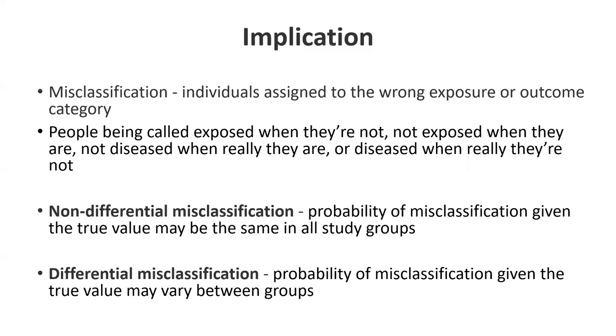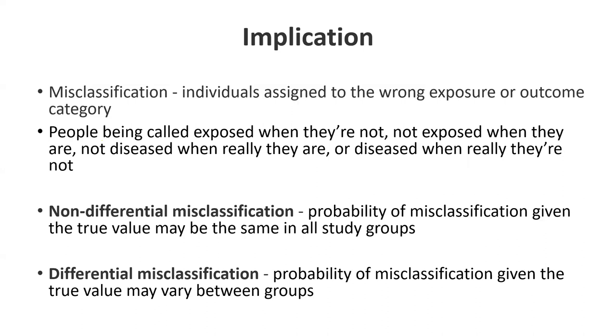Now, this misclassification can be non-differential or differential. Non-differential misclassification is when the probability of misclassification given the true value may be the same in all the study groups. It means the error, the information bias, is happening to the same extent in both of your comparison groups equally.